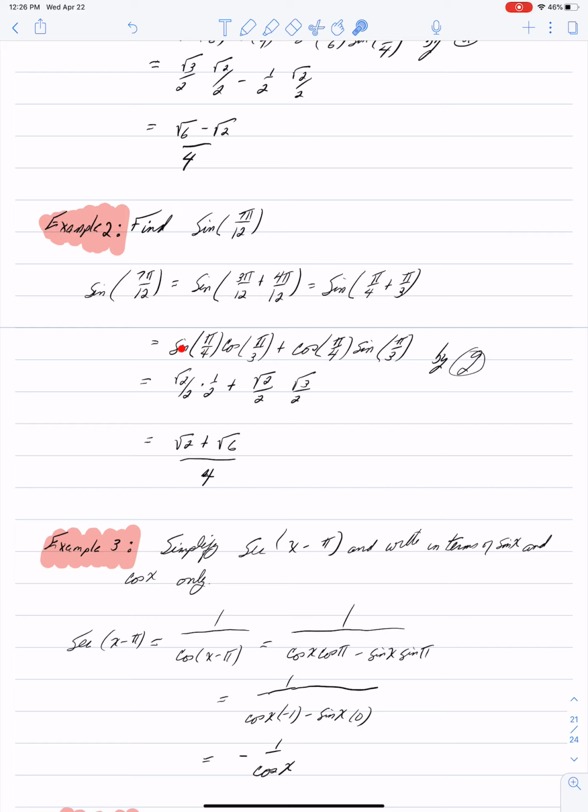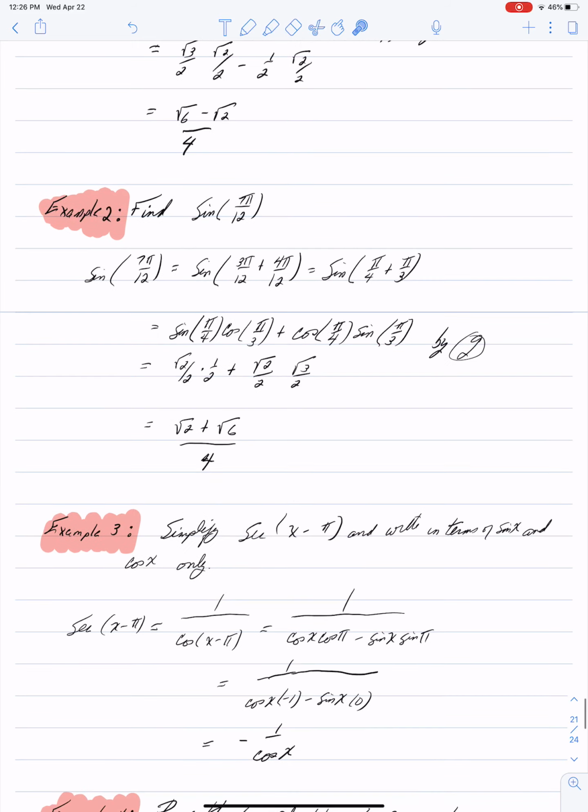Sine pi over 4 cosine pi over 3 plus cosine pi over 4 sine pi over 3. Sine pi over 4 is root 2 over 2. Cosine of pi over 3 is a half. Cosine of pi over 4 is root 2 over 2. Sine pi over 3, remember pi over 3 is 60 degrees, is square root of 3 over 2. Clean things up, root 2 add root 6, all divided by 4.